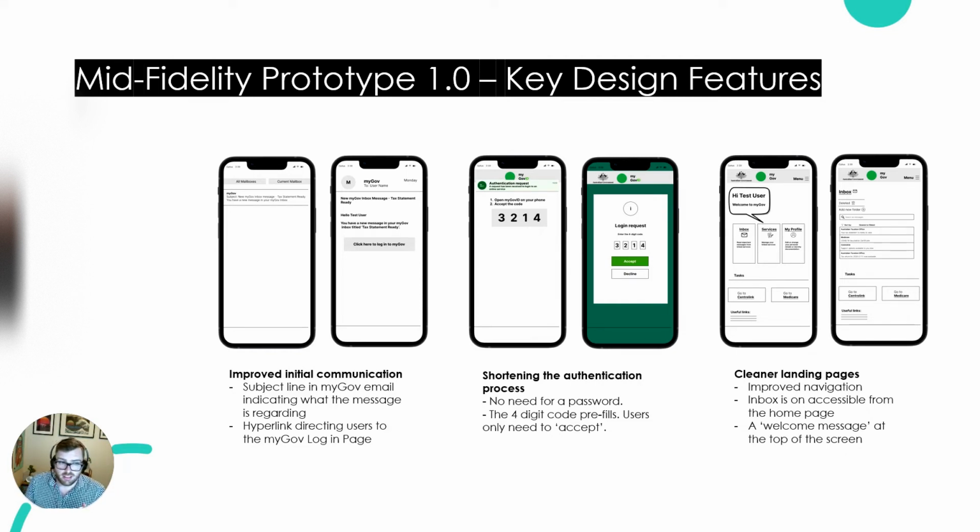One of the great things about logging in through MyGov ID was that there's no need for a password, and that addresses one of the earlier insights which I uncovered. And also general cleaner landing pages, improved navigation, inbox accessible from the home page, and a welcome message at the top of the screen.